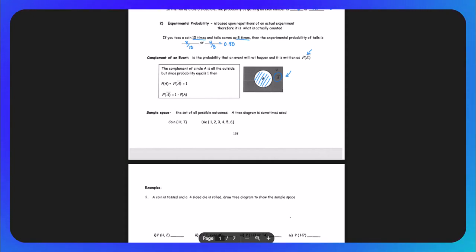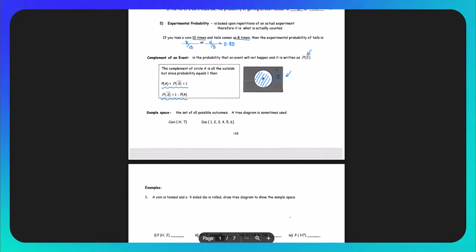And because these are both within the universal set and there's nothing else that can happen, it's either A or not A. In this case, the probability of A plus the probability of the complement of A has to equal 1. And we can rearrange this just like any formula, where the probability of the complement of A must equal 1 minus the probability of A.